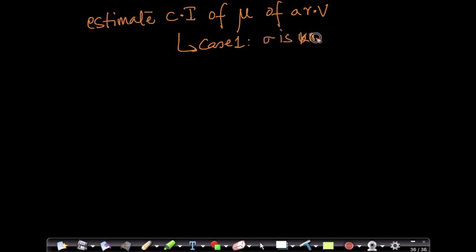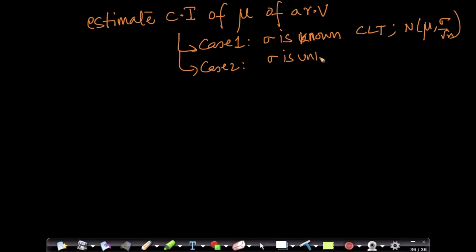We used CLT and the Gaussian distribution. Case two, where sigma is unknown, we used the t distribution with n-1 degrees of freedom. This is only for the population mean.